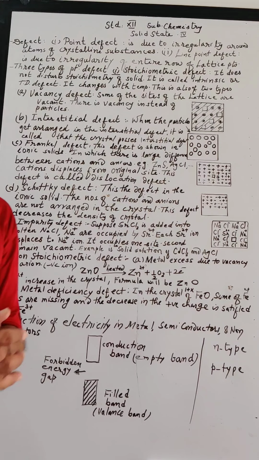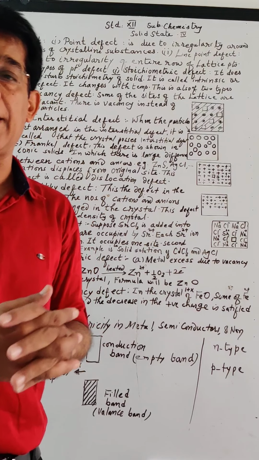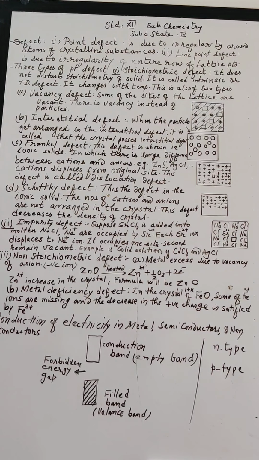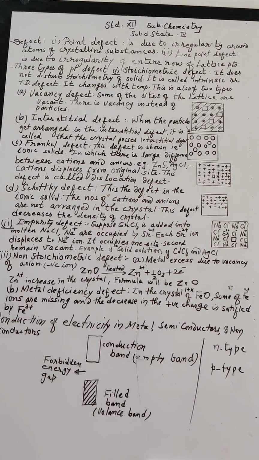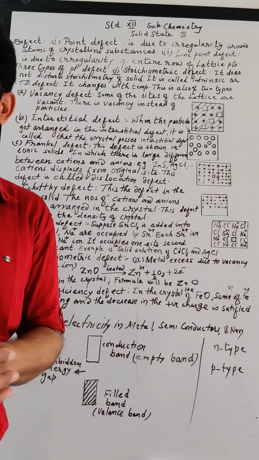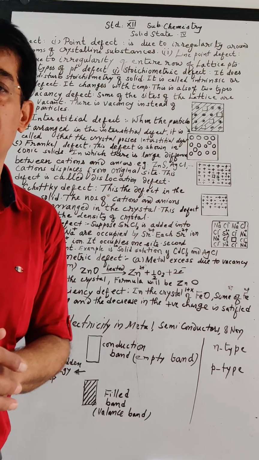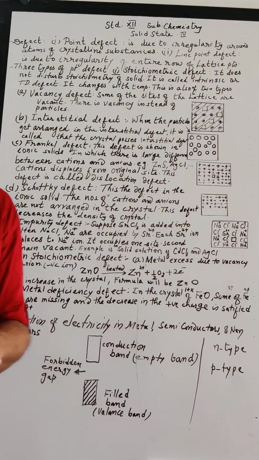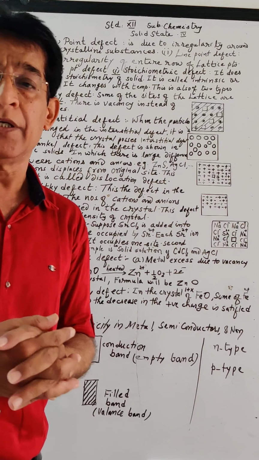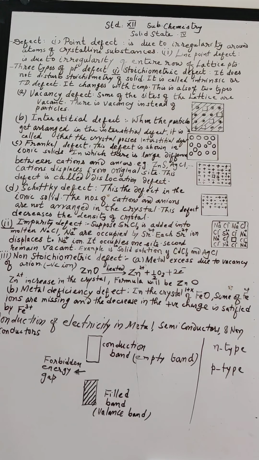Alkali halides like NaCl, KCl show this type of defect. Suppose NaCl is heated with vapor of Na and Na deposits on the surface of the crystal. Cl- ions diffuse to the surface of the crystal and combine with Na atoms to form NaCl.